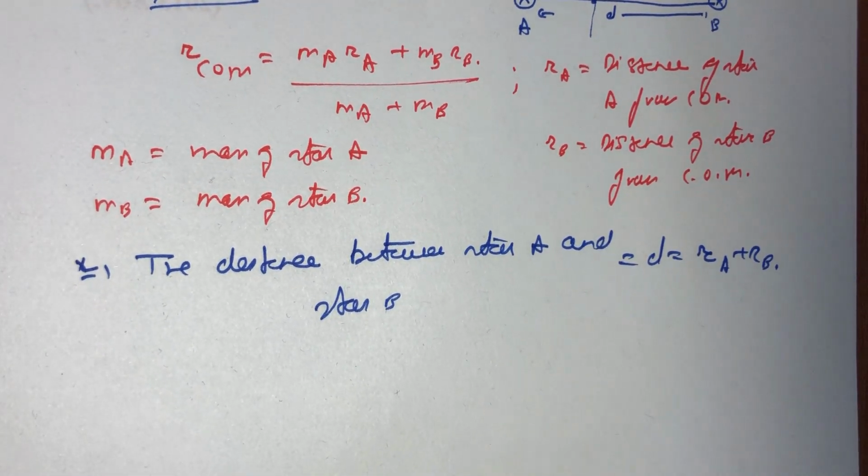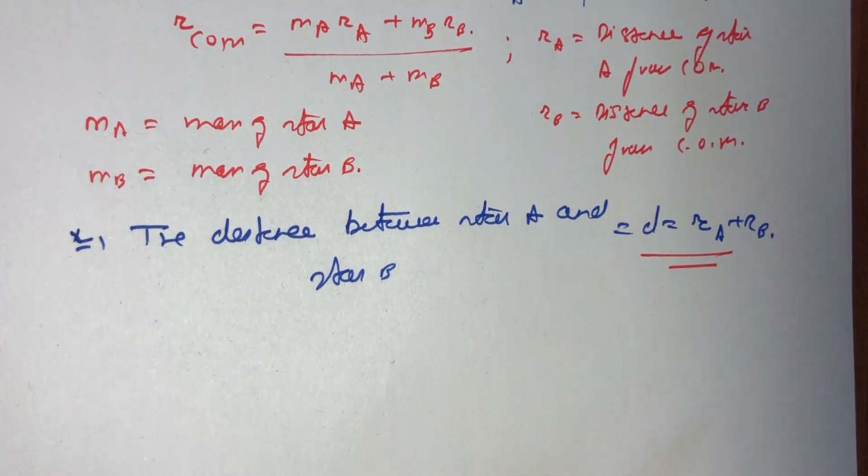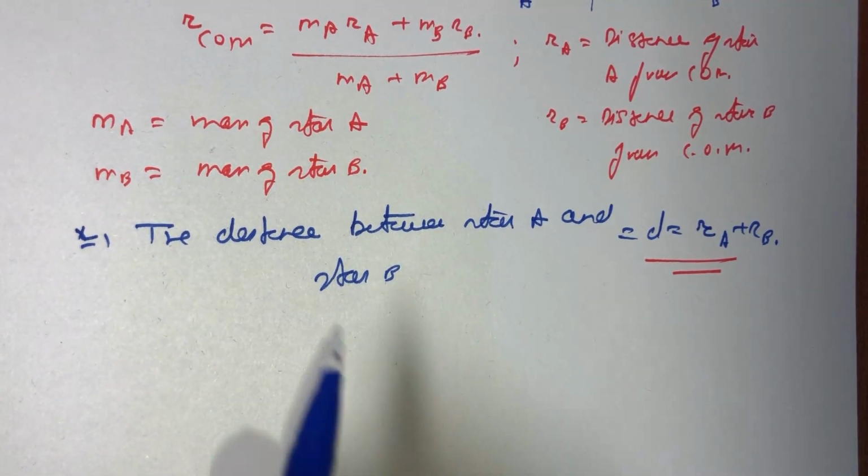And from here we can say that, okay, let us keep this equation, and it is also given that the center of mass is stationary.